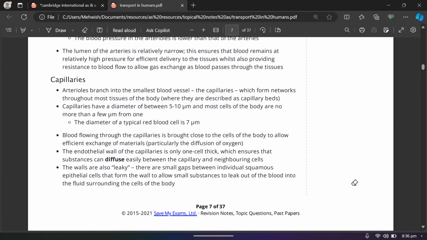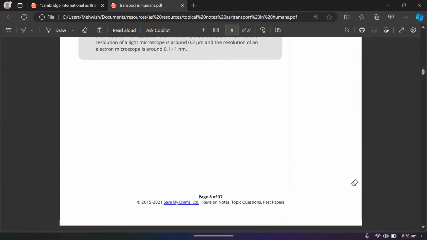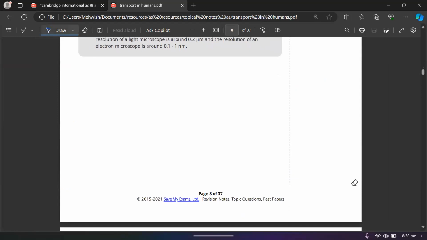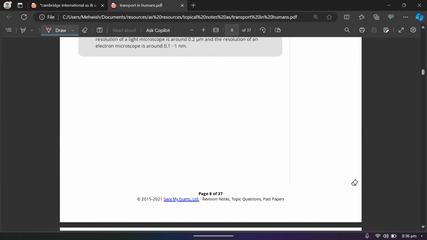Now, what do we mean by this? For example, let's suppose this is an artery, right? Let me make it in the center. Let's suppose this is an artery that is supplying blood to any organ of your body.